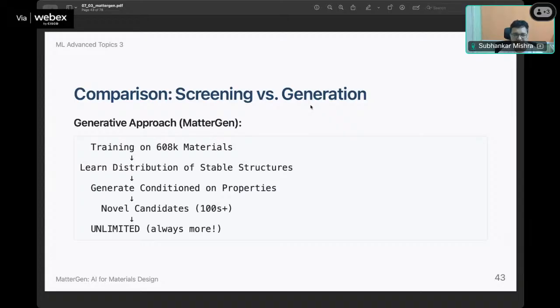You generate conditioned on properties. You will eventually have novel candidates. The idea is you will have unlimited, and whatever new novel candidates you can actually synthesize can go back to the training set. So more training, more synthesis, and more final results will produce more training data that can feed back in. So it forms a loop, right?